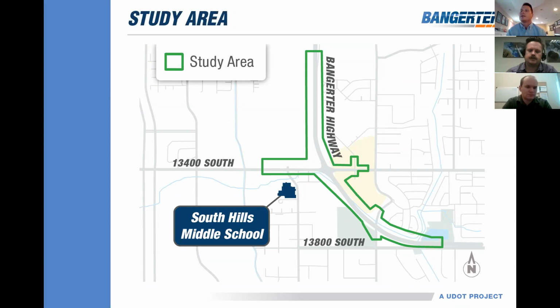However, I don't expect impacts or construction to go that far. So this will not be a significant effort along 134 South. It will be mostly concentrated at the Bangerter 134 South intersection, similar to what you've seen at other Bangerter locations. You can jump on Google Earth or Google Maps and take a look at the other Bangerter locations, to help you get a sense of what has been done in the past.